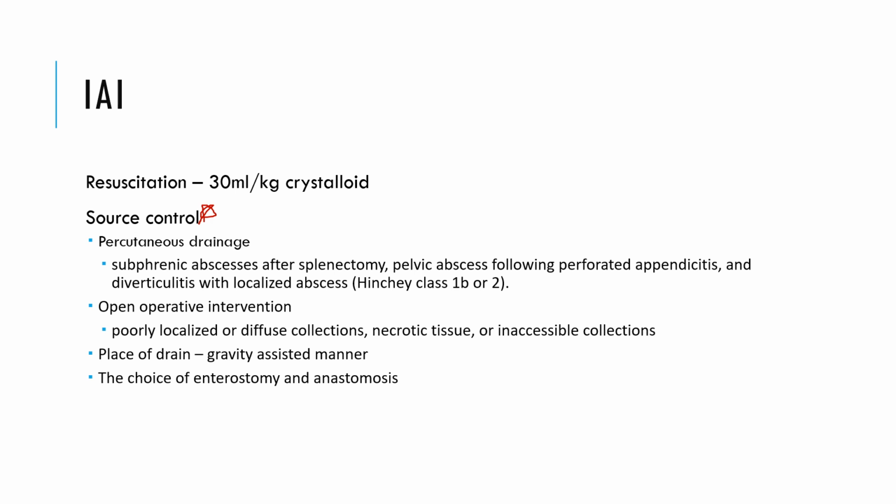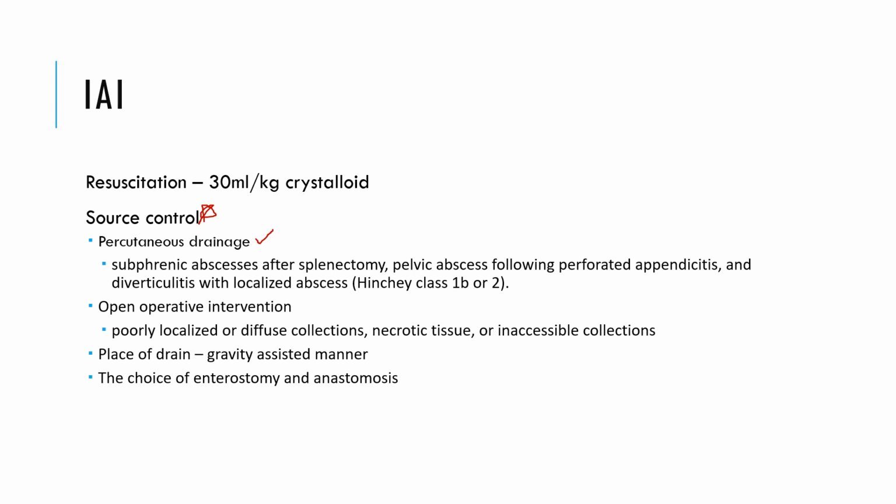You can do a very localized source control, like a percutaneous drainage in case of a very localized infection, like subphrenic abscess after splenectomy, pelvic abscess following perforated appendicitis, or diverticulitis with localized abscess. Diverticulitis again has different classes, like the Hinchey classification. We'll come to that when we are dealing with diverticulitis.